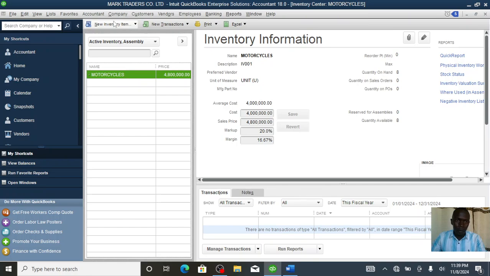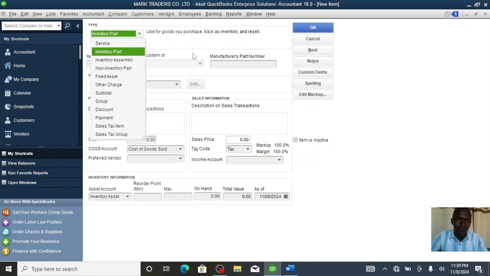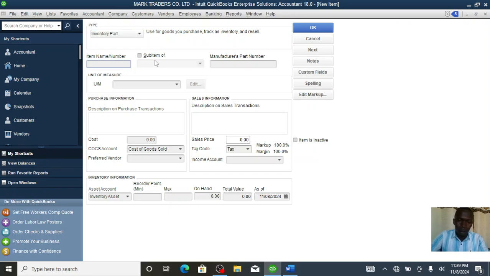We have generators. Inventory part, generators. Our unit of measure is units. The cost is 2,700,000.